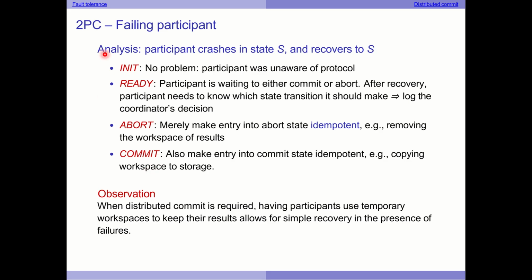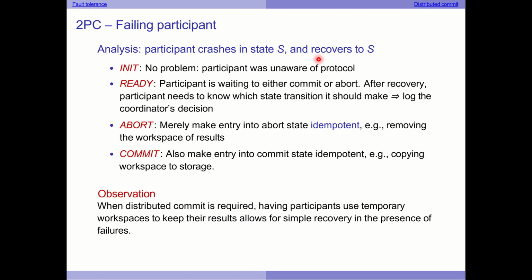Here it says participant crashes in state S and recovers to S. This means that when any of the participants crashes in state S, meaning any of these states, what should the participant do to stay consistent with the global transaction in that state?